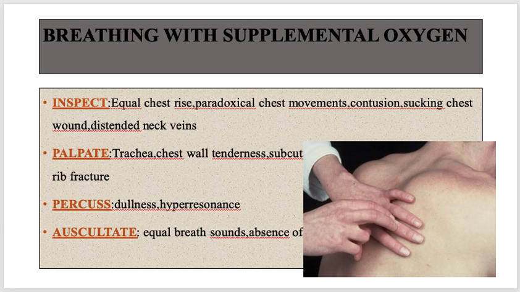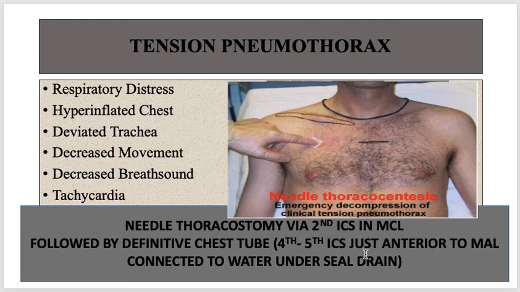Why? Because there could be a number of problems. For example, one of the problems is tension pneumothorax, right? Tension pneumothorax is basically respiratory distress and hypotension. What happens is, if they have an injury and air is going into the pleural cavity but not coming out, the air will start collecting inside the chest and it will push the lung and the heart to one side.